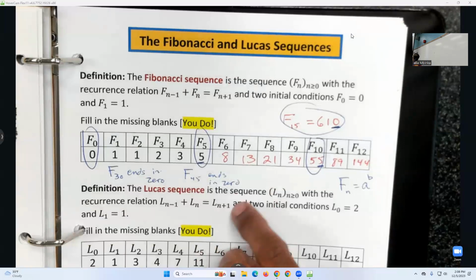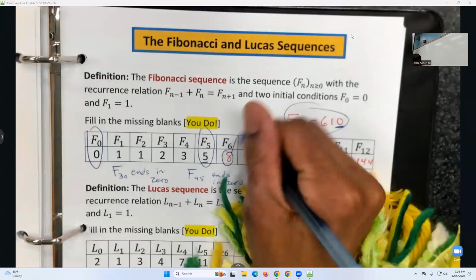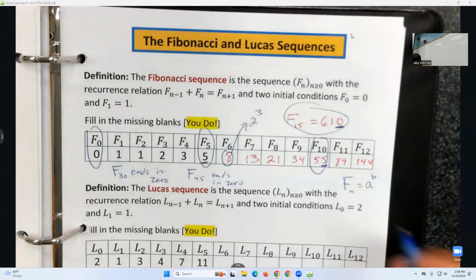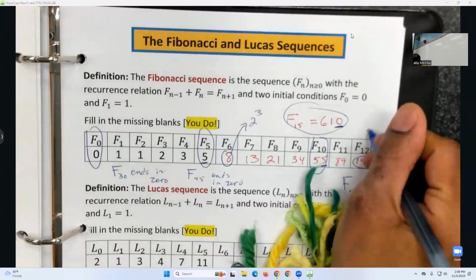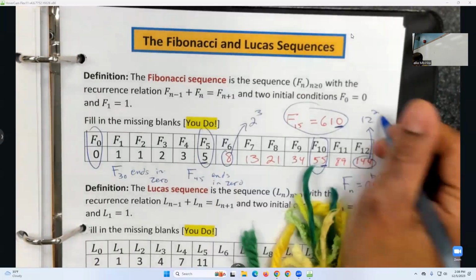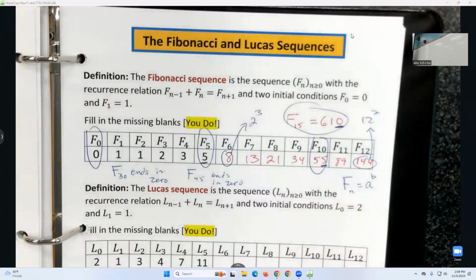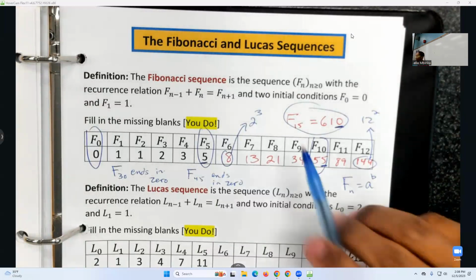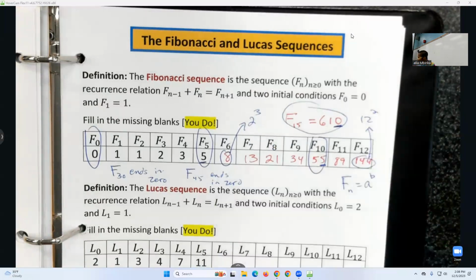We're talking about cool things like 8 being 2 to the third power and 144 being 12 to the second power. It is known that those are the only two, which is kind of miraculous. These are called perfect powers.